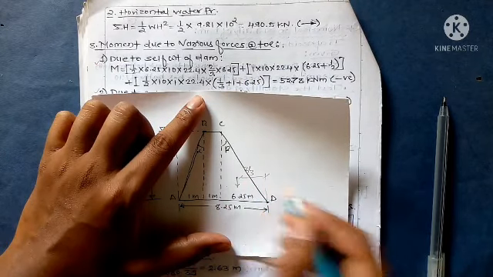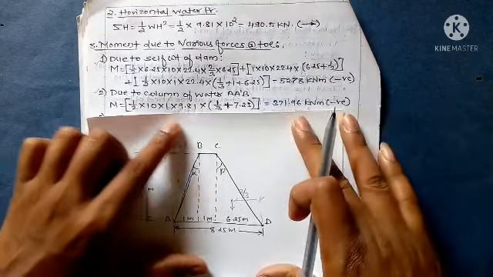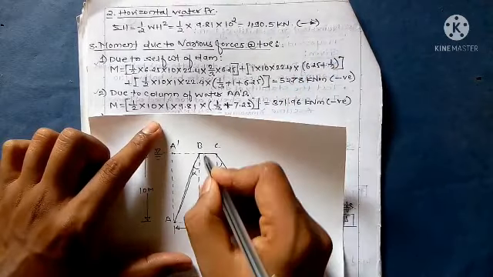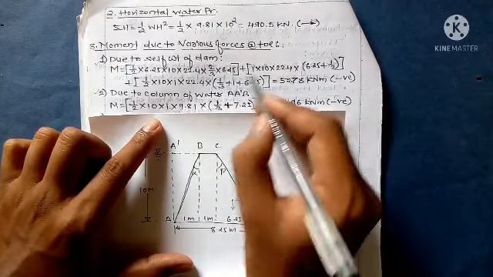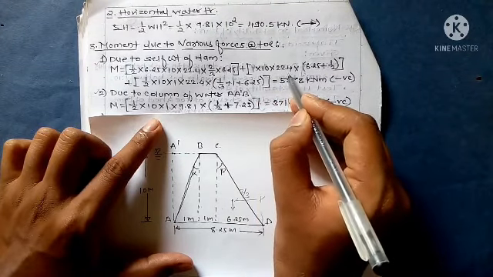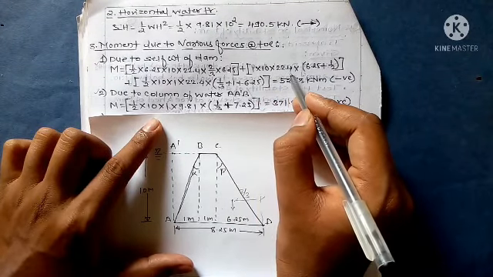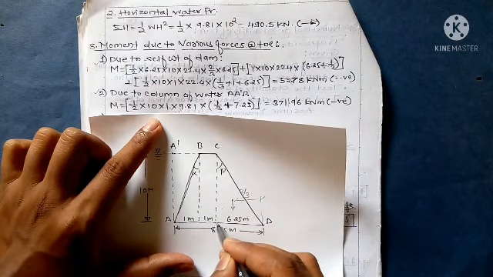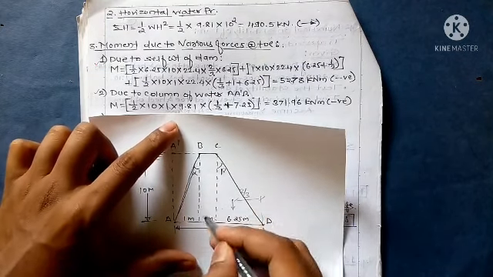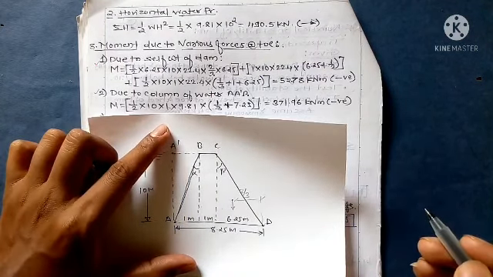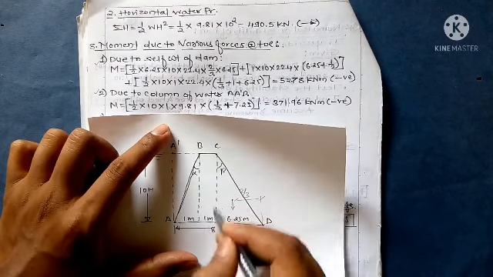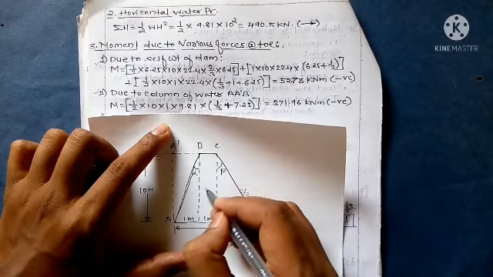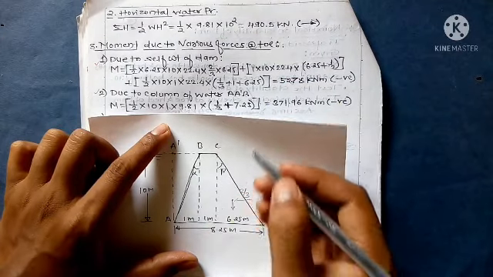Okay, then this section, we consider this section 1 into 10 into 22.4, that is this is rectangle, so we know the area of rectangle, that is breadth into width, so 1 into 10, 22.4 specific gravity of dam material.